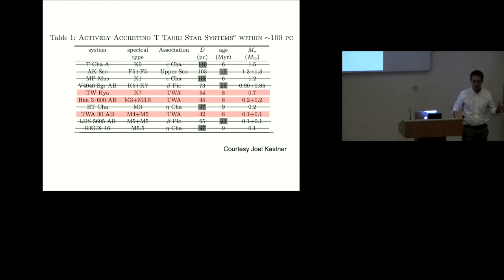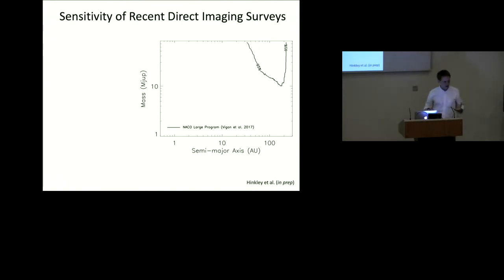This is obvious to anybody who works on extrasolar planet direct imaging, but it's probably not obvious to most people in the room. And if you look at the sensitivity of recent direct imaging surveys of extrasolar planets, it looks something like this. This is a completeness map in terms of Jupiter masses versus semi-major axis space.